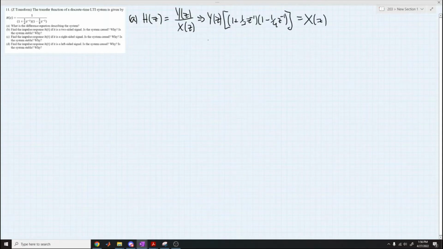And if we multiply this out, I'll write it out. So we'll have Y of z, and we multiply it out, we'll have 1, and then minus 1/4 z to the negative 1 plus 1/2 z to the negative 1. So that'll give us plus 1/4 z to the negative 1. And then we'll have minus 1/8 z to the negative 2.